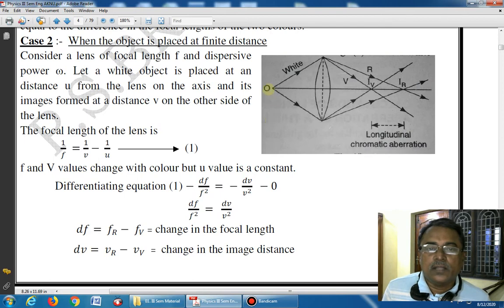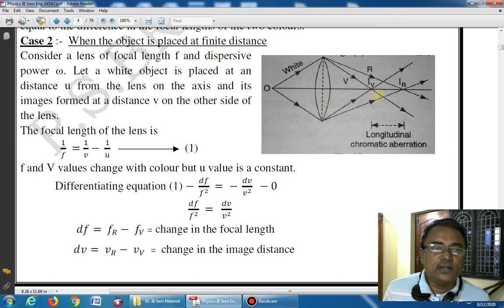Then the rays coming from the object, here also we will take the white object, that means it gives composite light, and the rays fall incident on the convex lens.